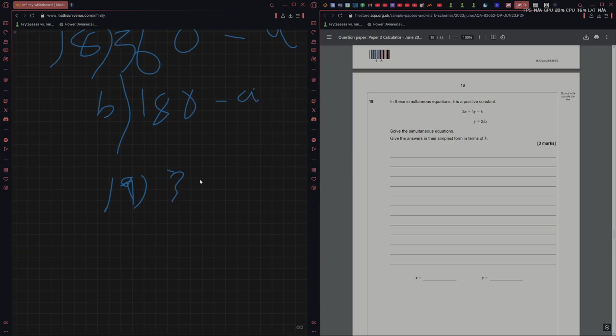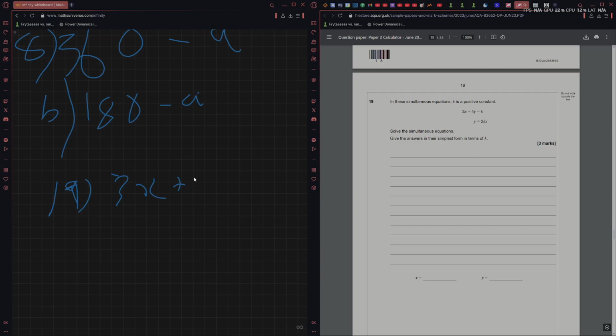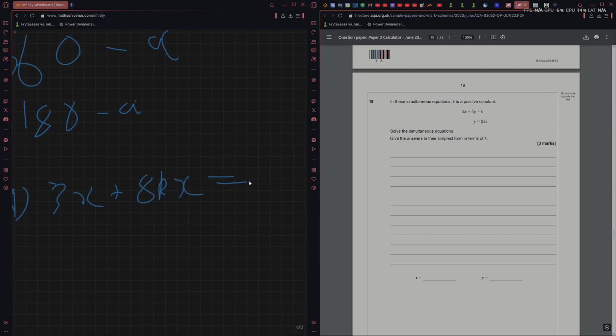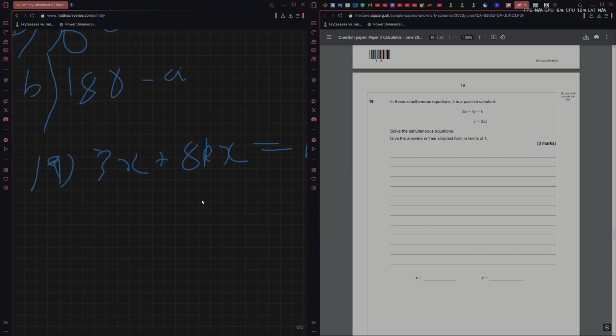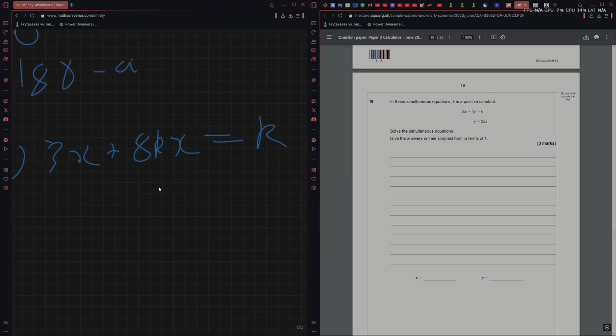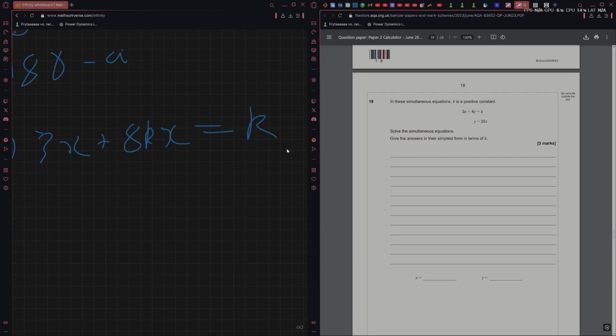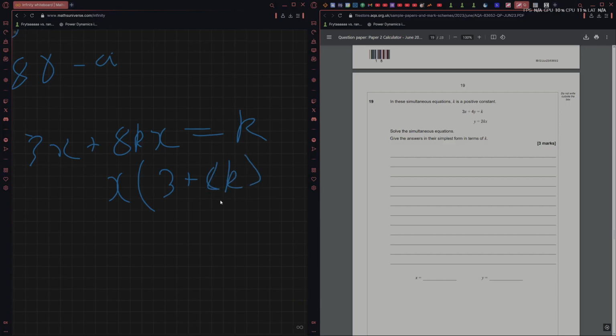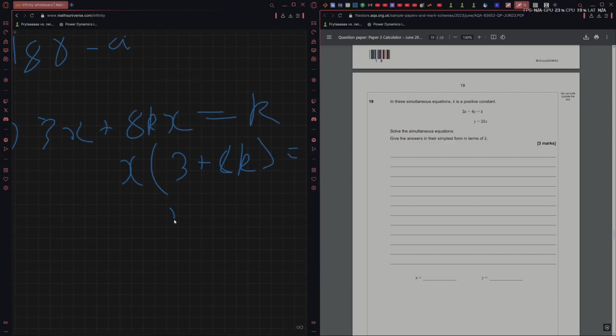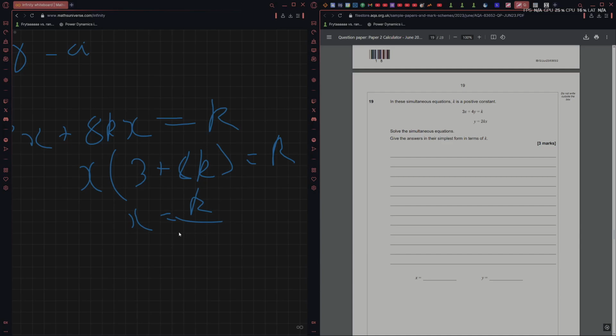So we know that 3x plus 8kx, because we first substitute into here, equals k. I think we're just going to do this. We're going to go 3 plus 8k equals k. So x equals k over 3 plus 8k.